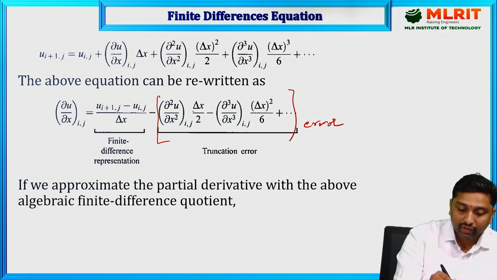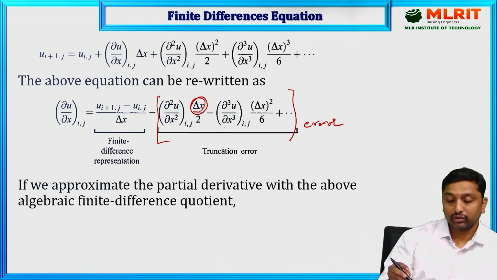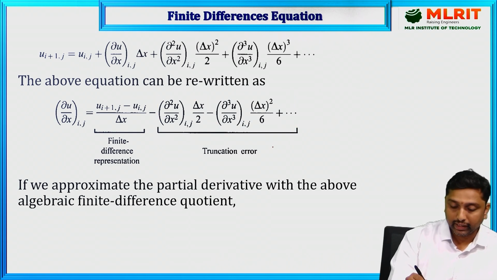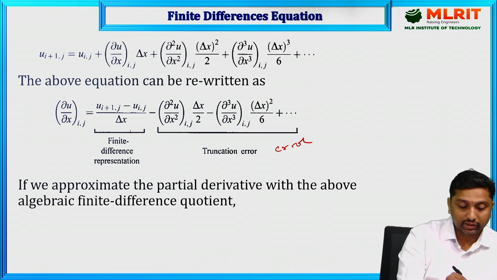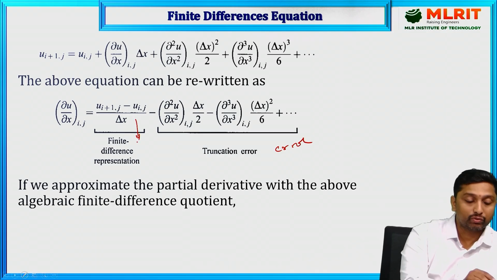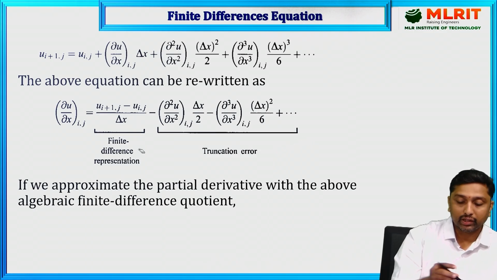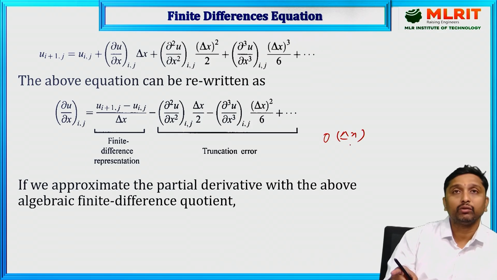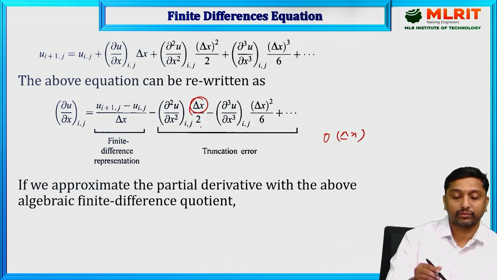with the minimum value as Δx, we can rewrite this equation as error plus this equation is equal to ∂u/∂x at i. So error is generally represented with order of Δx here, because the minimum value here is Δx.